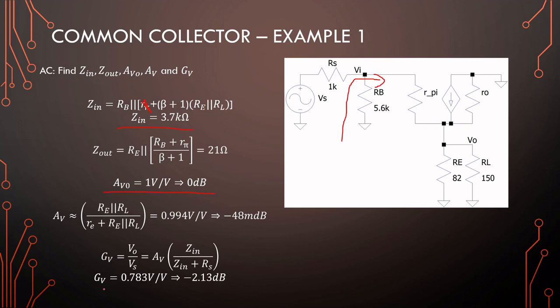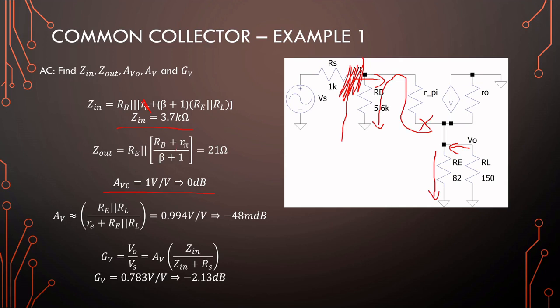Okay, Z out is when we're looking in from our load over here, and we see our Re in parallel with R pi plus RB, and that is when we have no source connected, and we are seeing everything through the transistor from that point on forward.